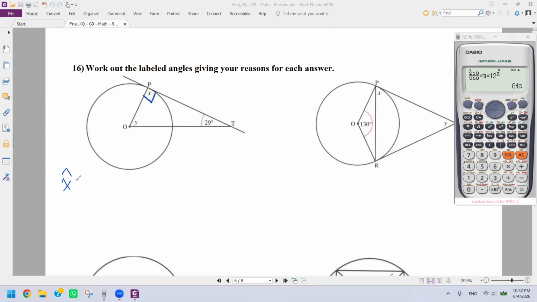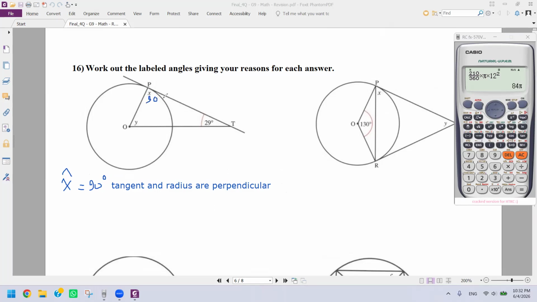So you say angle X is 90 degrees. Don't forget the unit, 90 degrees. For Y, you can say tangent and radius are perpendicular, which means 90 degrees. Okay, guys, by the way, for some questions there are many ways to solve it, so the one that I did is not the only correct one.